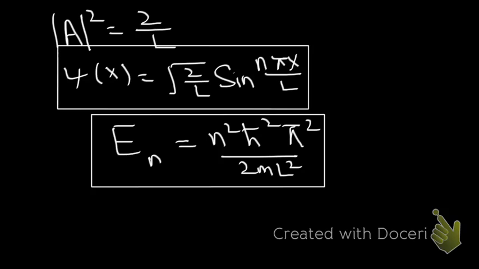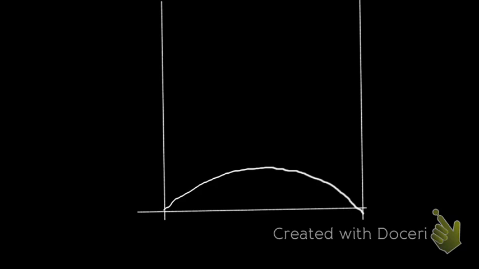If we look at some of these solutions, let me try to plot some of them. These solutions will look a bit like this. For n equals 1 we're going to have something like this, and for n equals 2 we'll have something like this.